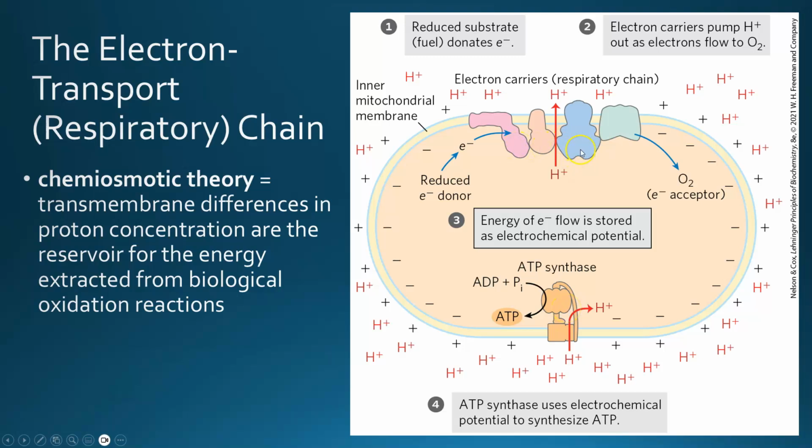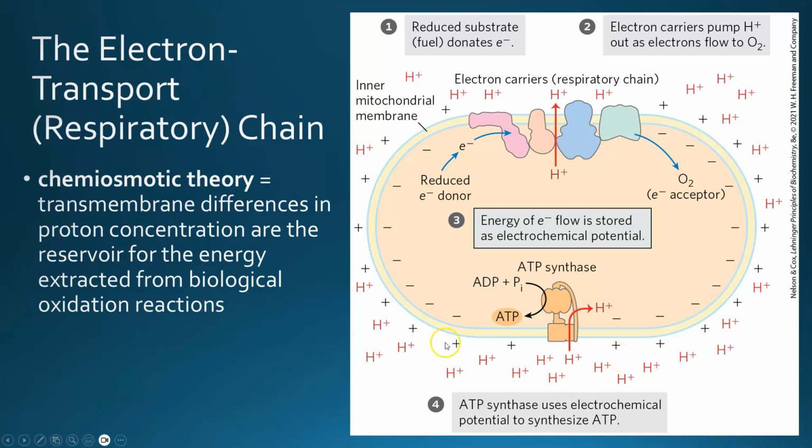These enzyme complexes 1 through 4 are involved in taking the energy from our reduced cofactors in terms of their electrons in redox reactions, transferring those electrons eventually to oxygen, which is the final electron acceptor, and then harnessing that energy to pump or transport protons or hydrogen ions from the matrix out into the intermembrane space. Then that is the source of energy that can be used.